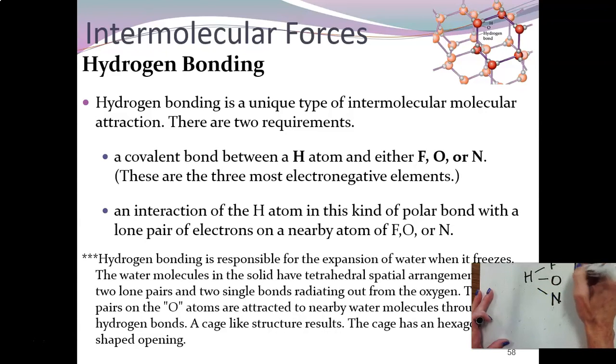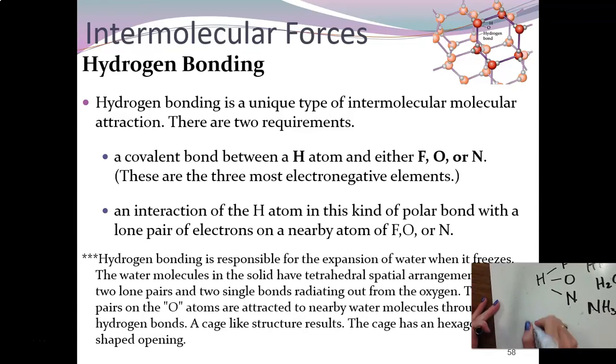So things like hydrofluoric acid, or water, or ammonia. In each one of these, the hydrogen is bonded to either a fluorine, an oxygen, or a nitrogen. That causes the force of attraction to be very, very strong between HF molecules.